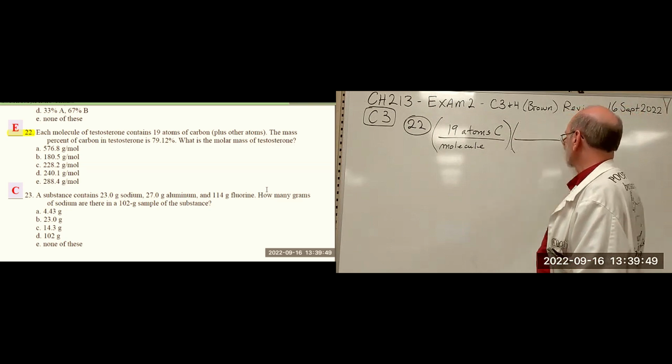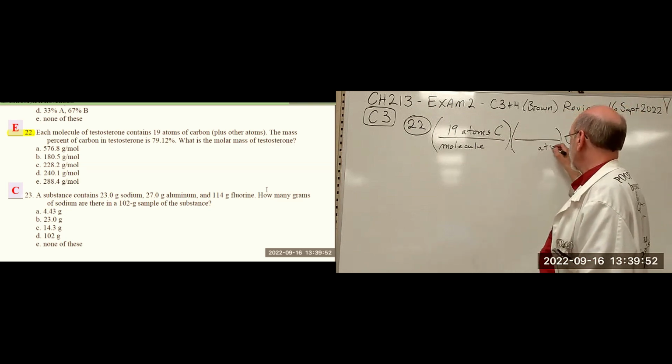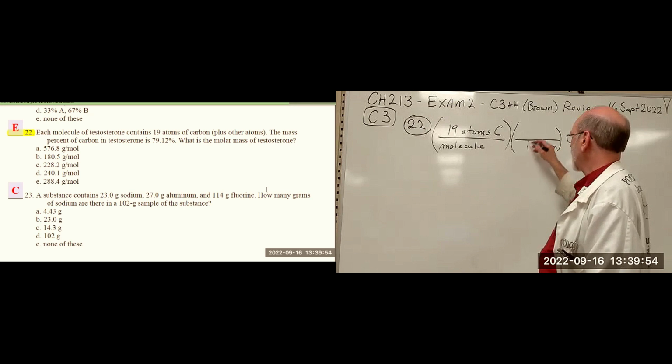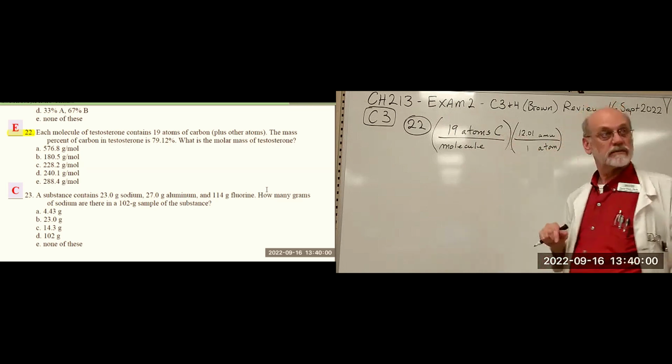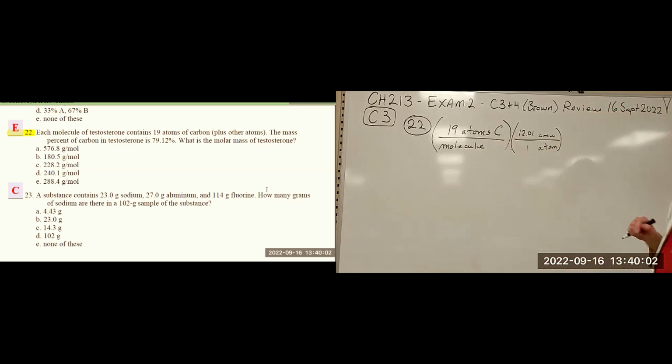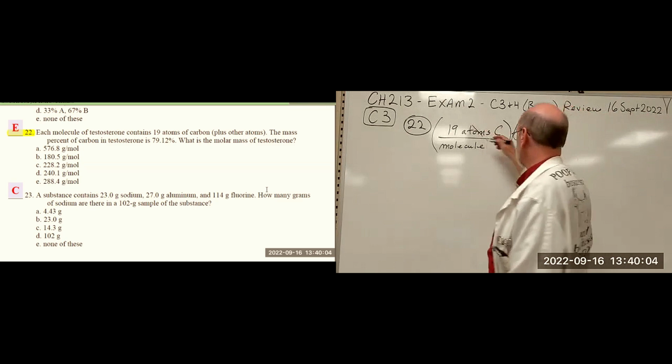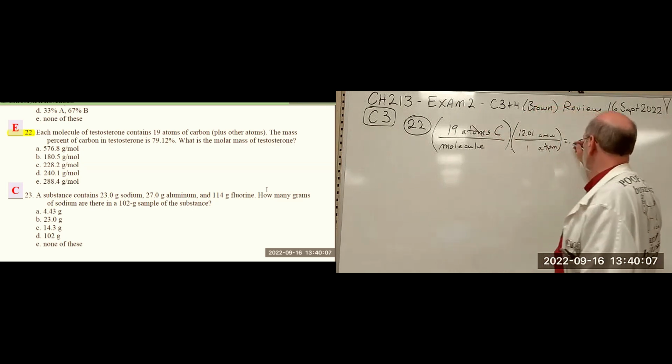If we say this, one atom has 12.01 atomic mass units per atom, right? Okay, so that's atomic mass units per molecule.